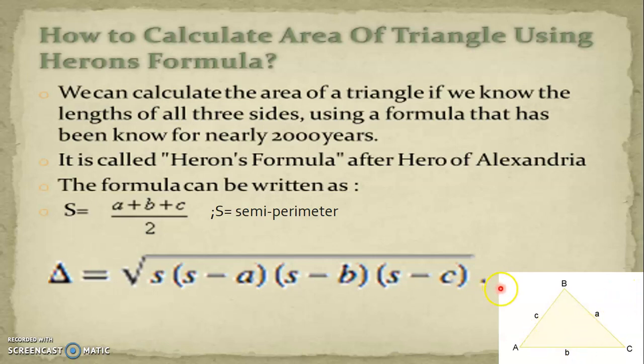I am repeating again, this is a triangle ABC, and the sides of this triangle are small a, small b and small c. Capital S is equal to (a plus b plus c) divided by 2. So a, b, c are the lengths of the sides of a triangle, and S is equal to semi-perimeter.